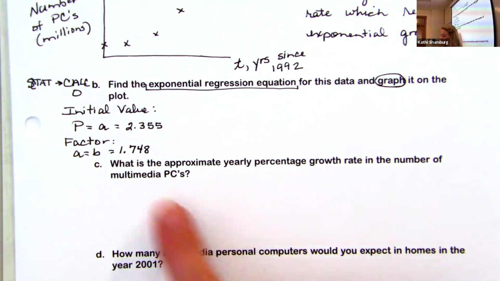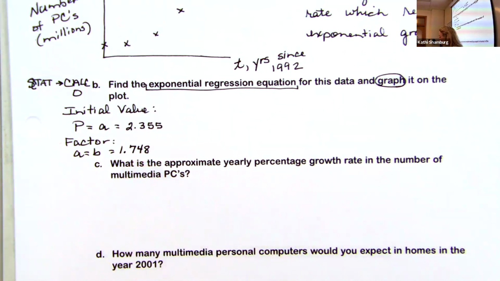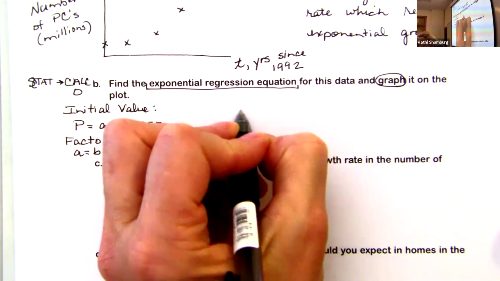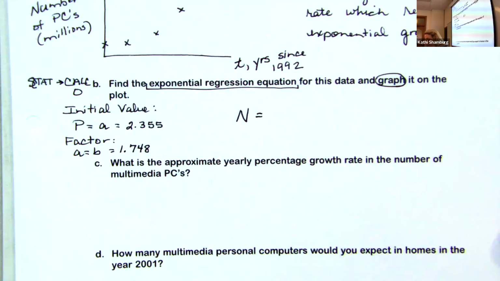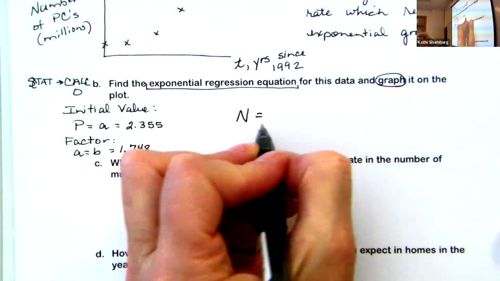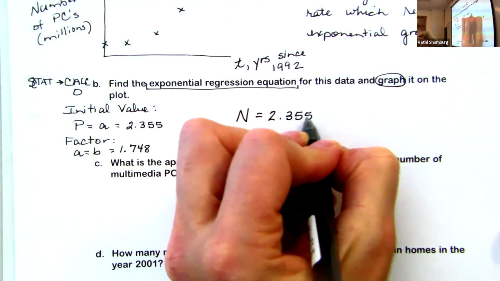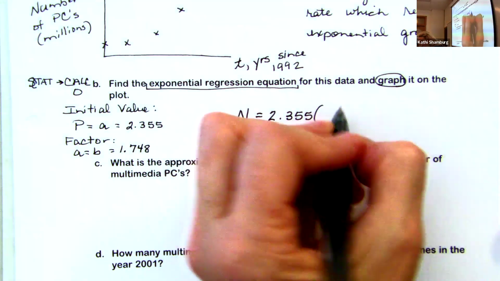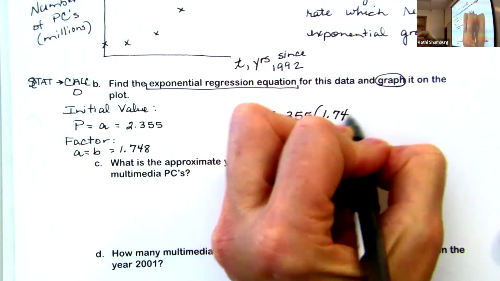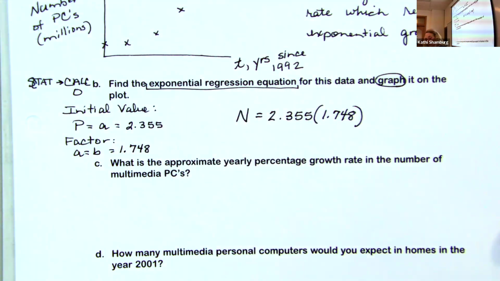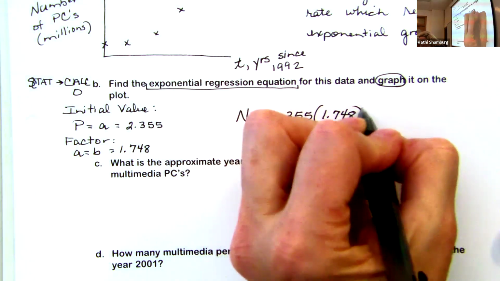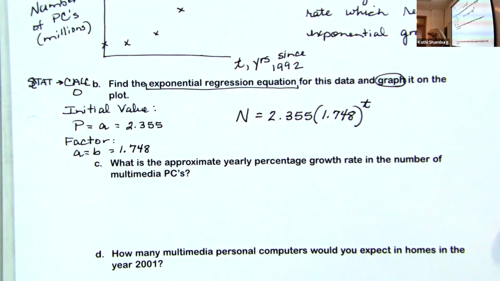You already told me that it represents growth, and that number's larger than 1, so everything's lining up. So the equation: we start out with the function, N, which is what we use in the table. Initial value 2.355 times growth factor 1.748, raised to the variable, which from the table is T.